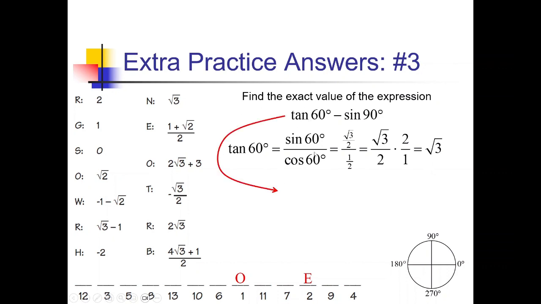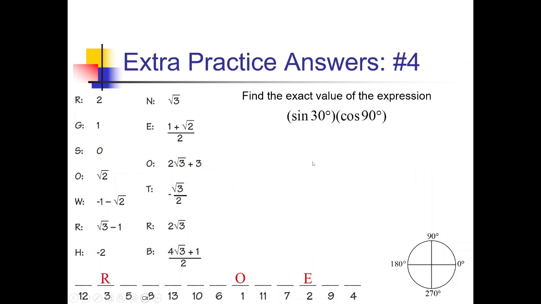I've got tan of 60 is radical 3. And now sine of 90, that's the y value at 90 degrees right here at the top of the unit circle. Since we're only going 1 in every direction, that means that I have a 1 for that y value. So this minus sine of 90 is really minus 1. Can't combine these in any way, so let me look to see if that's one of the answers. And it is over here, choice R, so 3 is R.